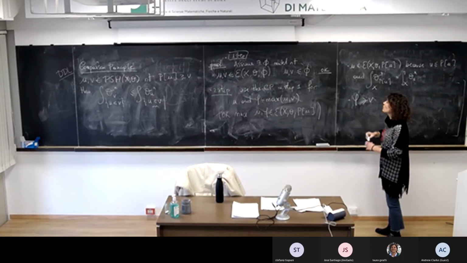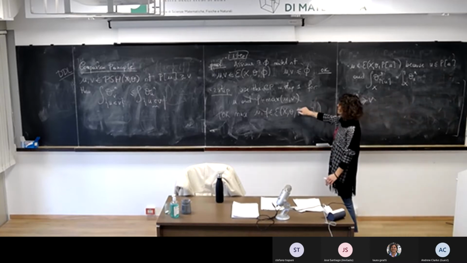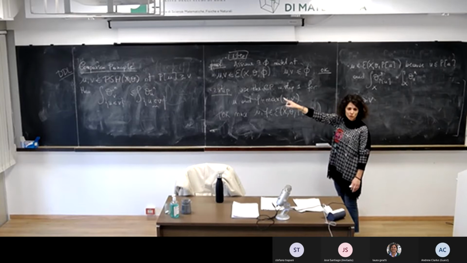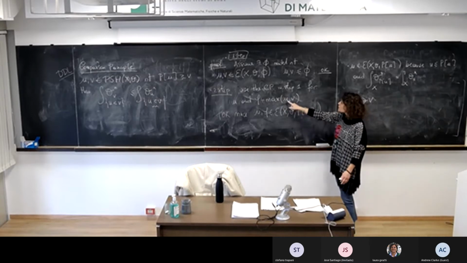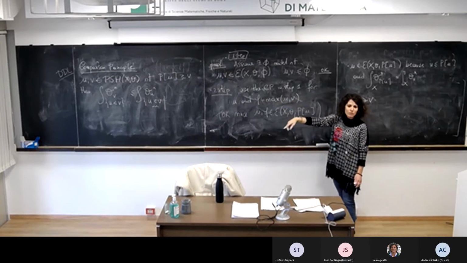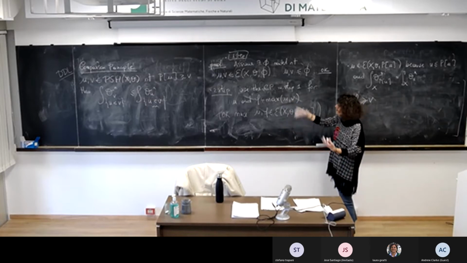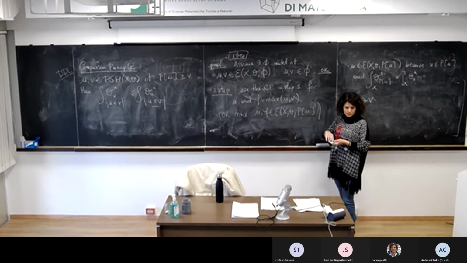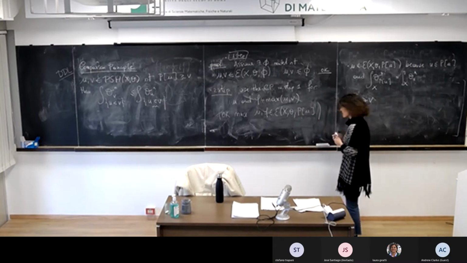Now let's look at this function, the maximum of u and b. In the set where the max is b, then b is less singular than p of u, so we are okay. When the max is u, then u is less singular than p of u as well. So I want to say that the maximum between these two functions is less singular than p of u as well, because both of them are less singular.